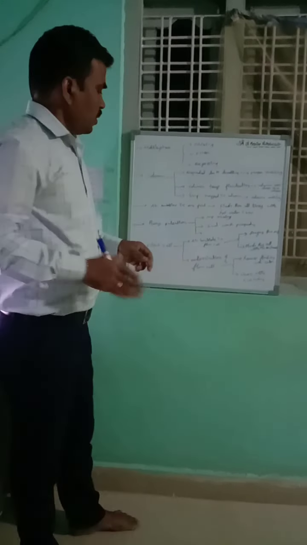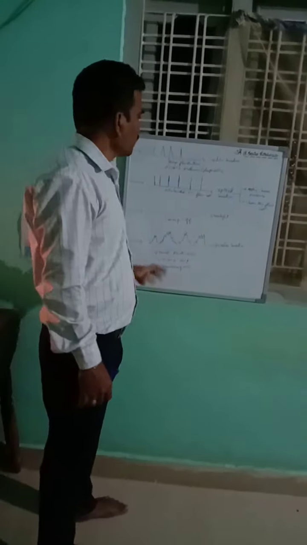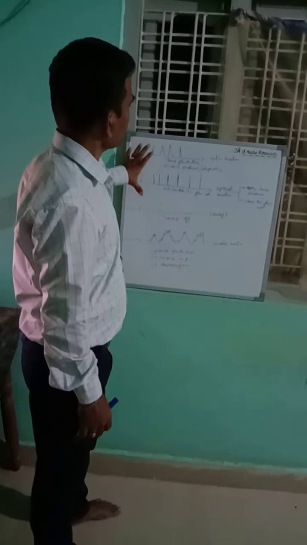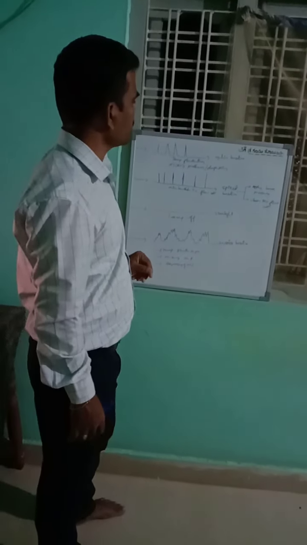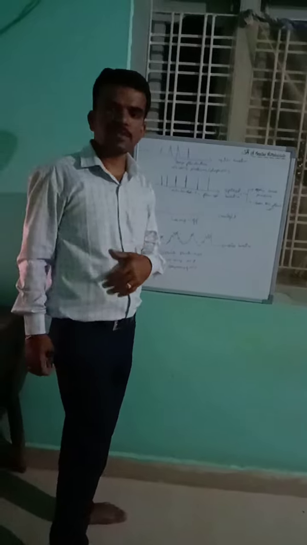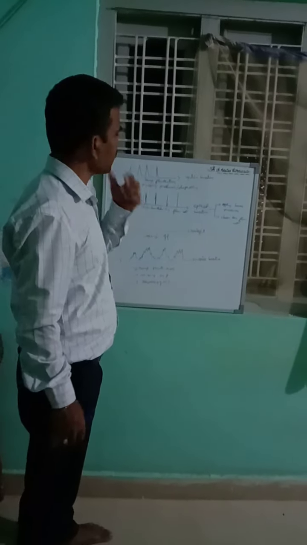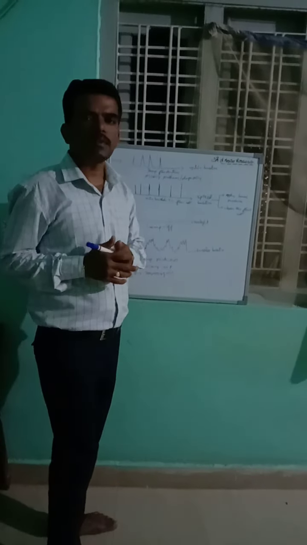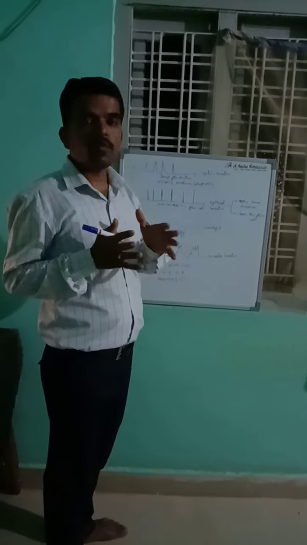Okay, here I will explain a few types of baselines to you. There are a few types of baseline disturbances. One is cyclic baseline. When you are getting a baseline like this, it is called a cyclic baseline. The main reason for getting a cyclic baseline is temperature fluctuation, or improper mixing of the mobile phase.